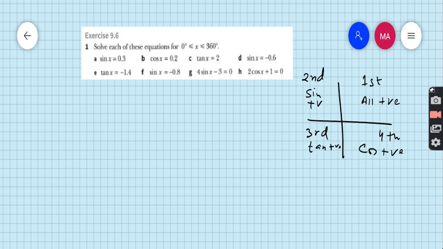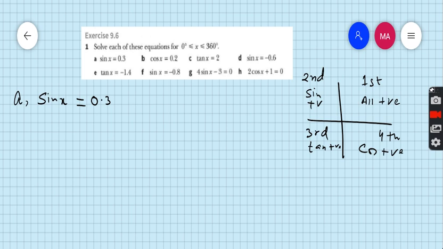So if you have a clear concept of quadrants in trigonometry, this exercise is very easy for you. For example, I am taking part A. Sin x is equal to 0.3. What I told you, the meaning of solve is to find the value of the angle.